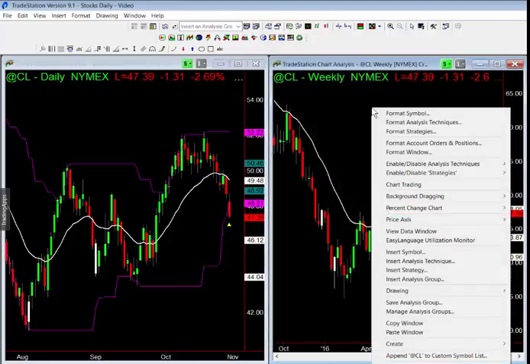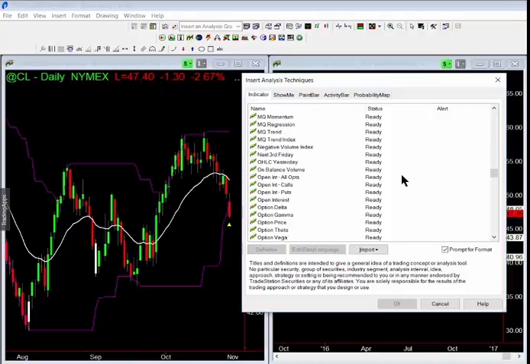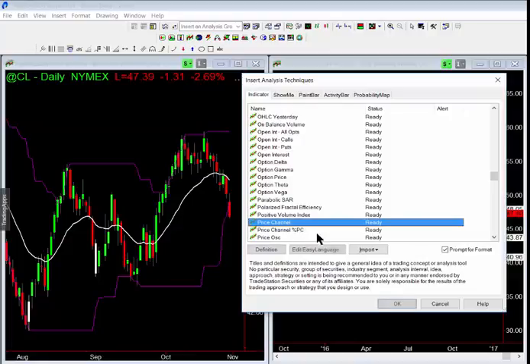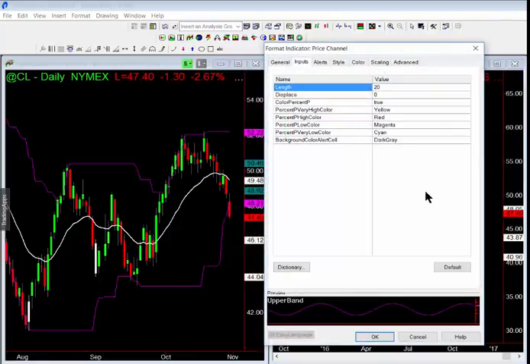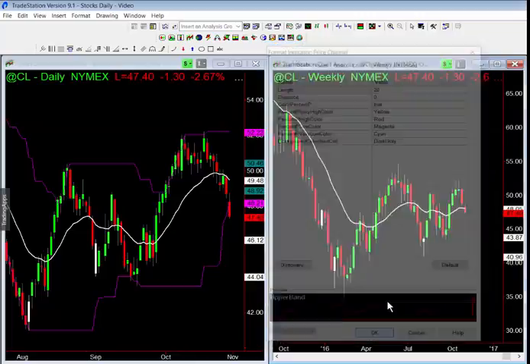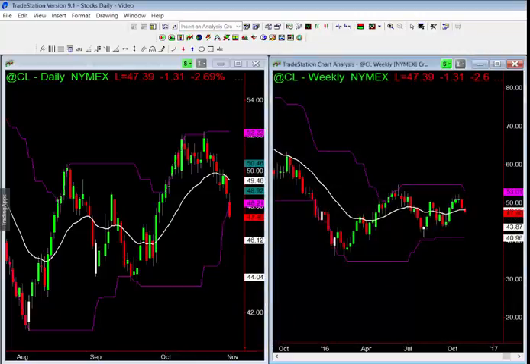Next, we'll add the 20-period price channel. There we go. It's already set to 20, so we'll go OK on that. And that's how you put those two indicators on.